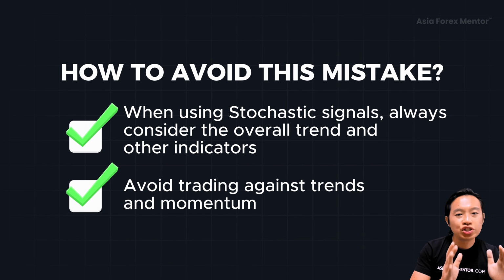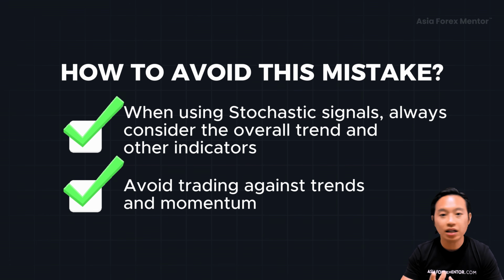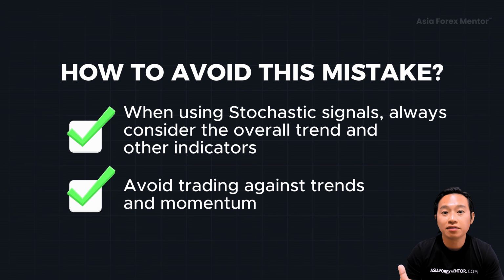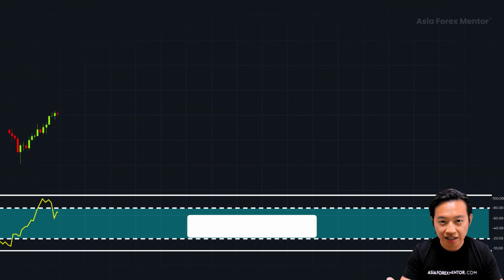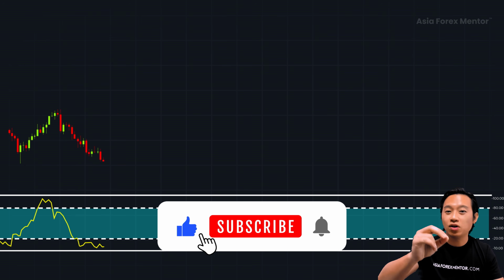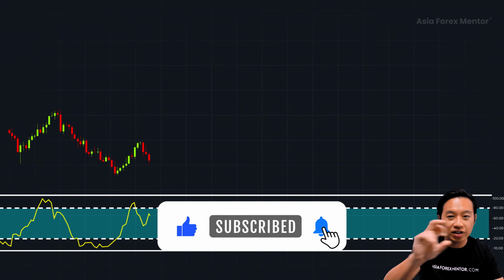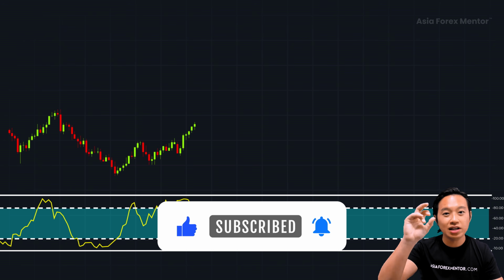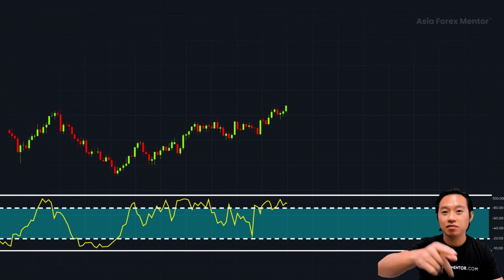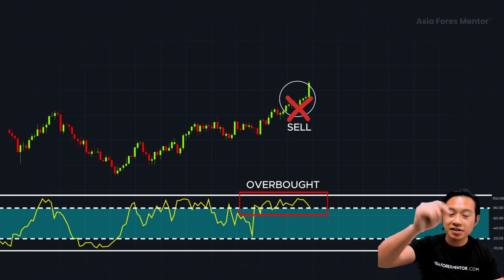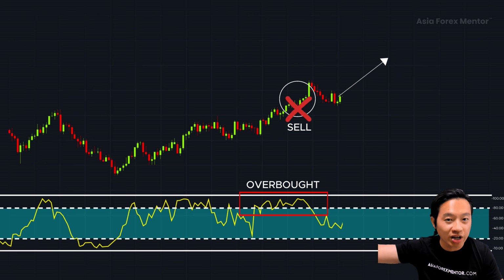Next, avoid trading against the trend and the momentum. The trend is your friend. Don't trade against the trend. Don't trade against strong momentum. Trading against the trend is going to be a costly mistake. Chasing a short position just because you think that this asset, whatever the vehicle, is overbought will lead to you repeatedly getting stopped out. In this example, you keep getting stopped out because you keep selling, but the market keeps going up higher.